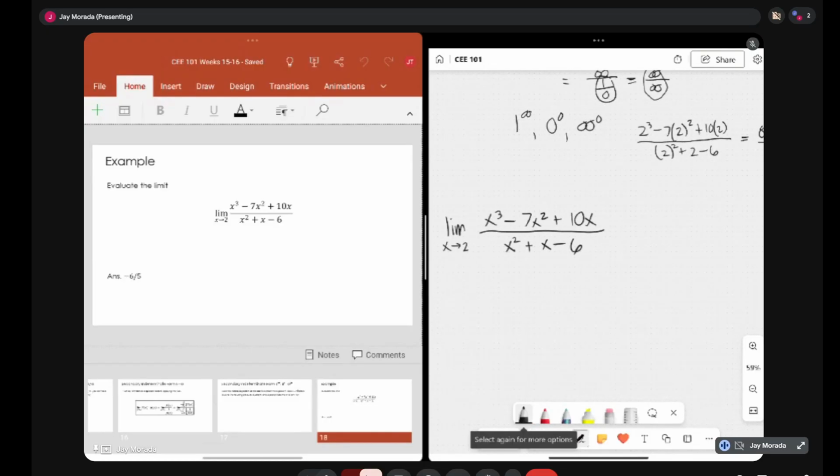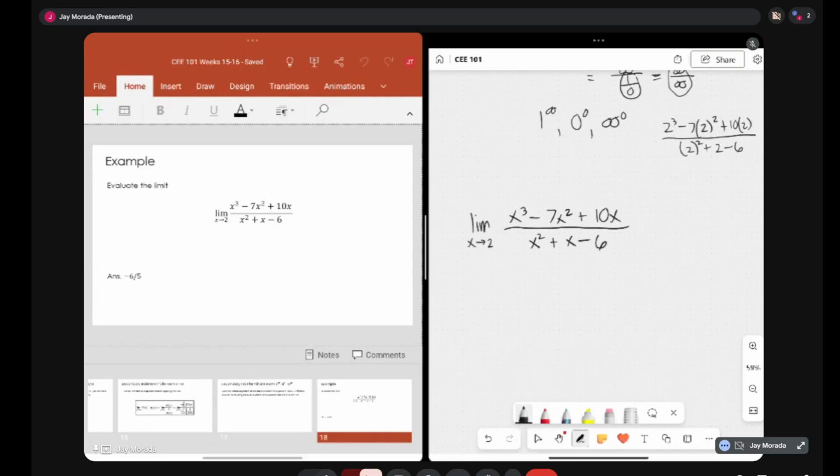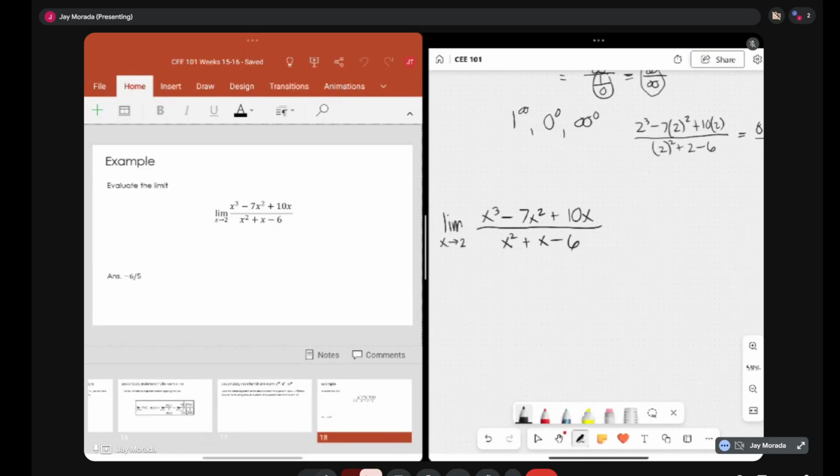So how do we evaluate that limit? First we have to differentiate. The numerator is 3x squared minus 14x plus 10.